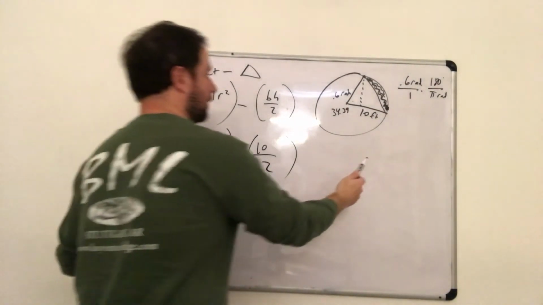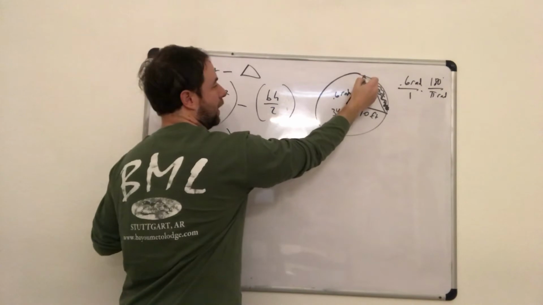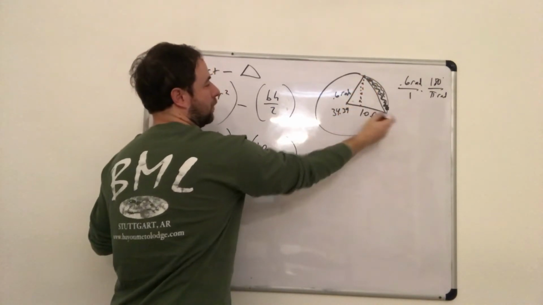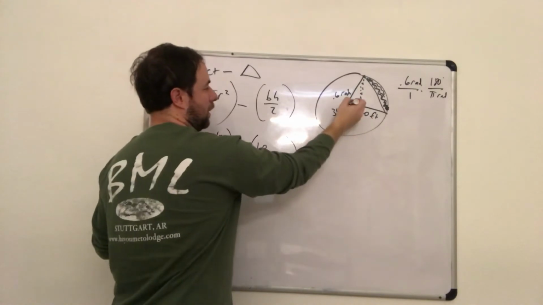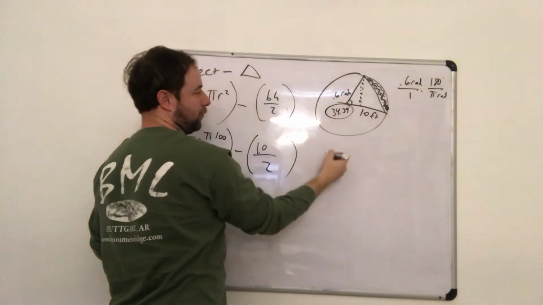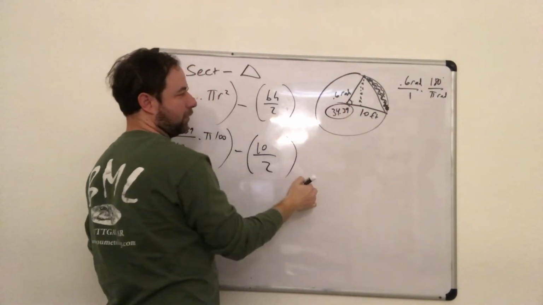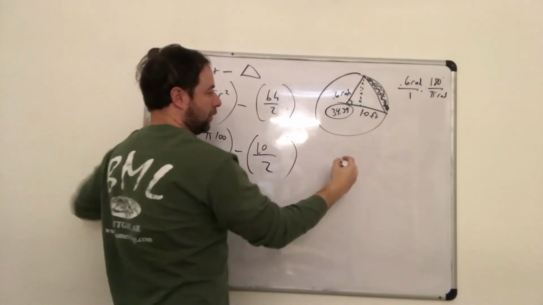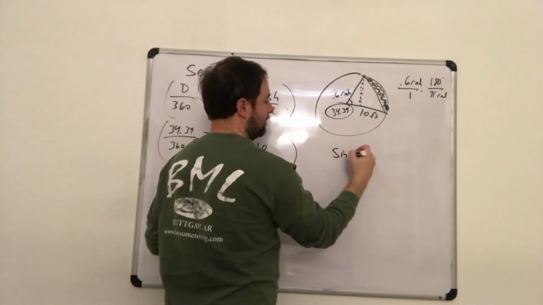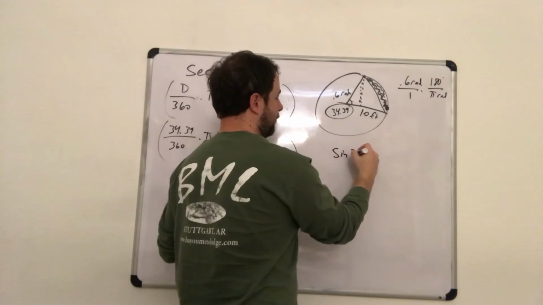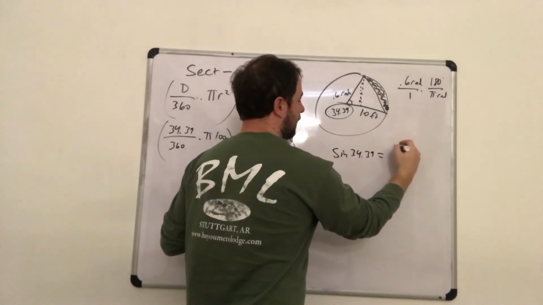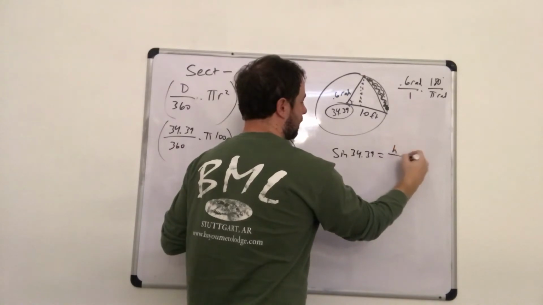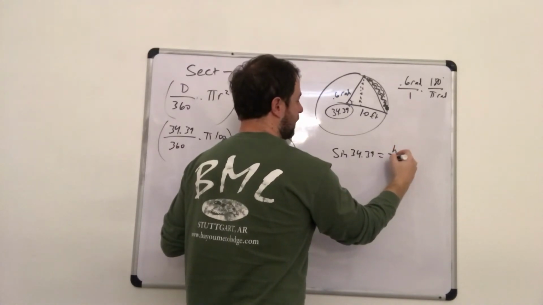And just like we learned in the last concept, we've got to draw our height. We have our base is 10, and we're going to have to use our angle, which is 34.39 after we convert it from 0.6 radians to degrees. So it's going to be the sine of 34.39 equals the height divided by the hypotenuse.